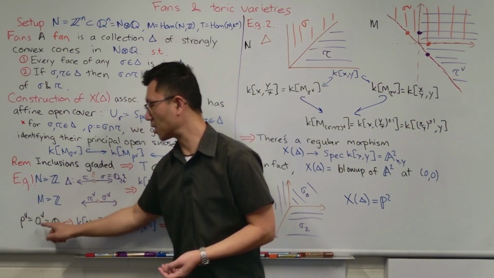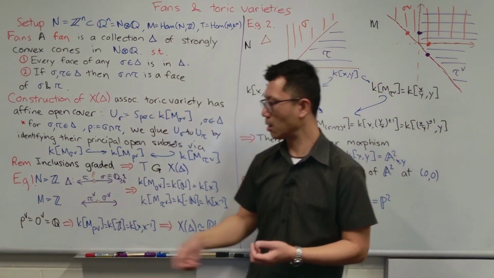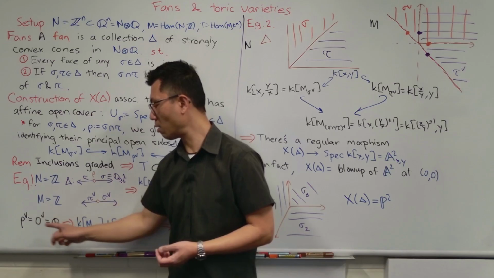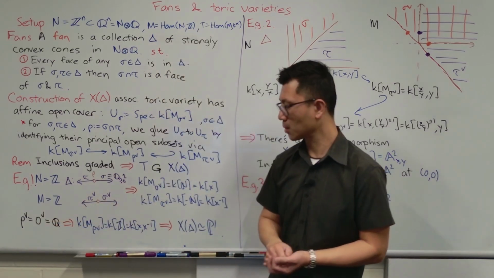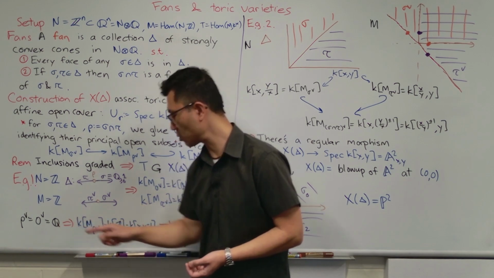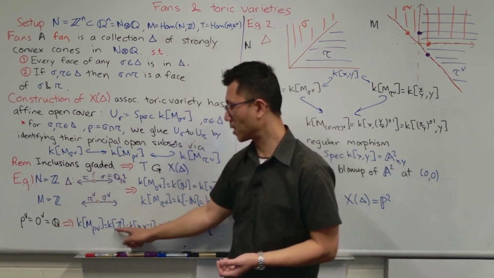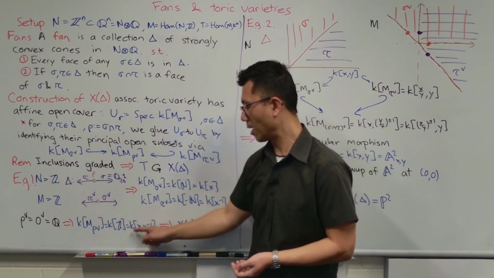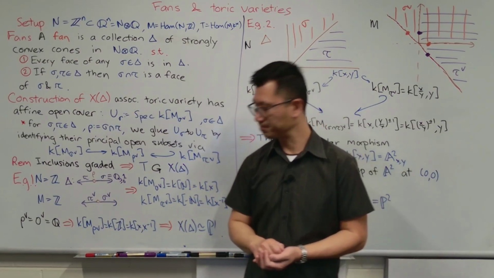So rho check is 0 check, which has non-negative intersection with 0, or any rational number you like. So that means that k[M intersect rho check], you intersect this with M, which is Z, that's k[Z]. So you just have here k[x, x inverse].